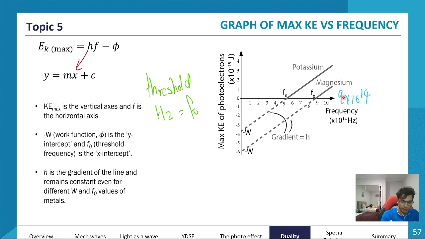What we say is that the x-intercept is the threshold frequency, and the y-intercept is the work function, the amount of energy that you need to actually displace the electrons. Putting that together, you get this simple linear line.